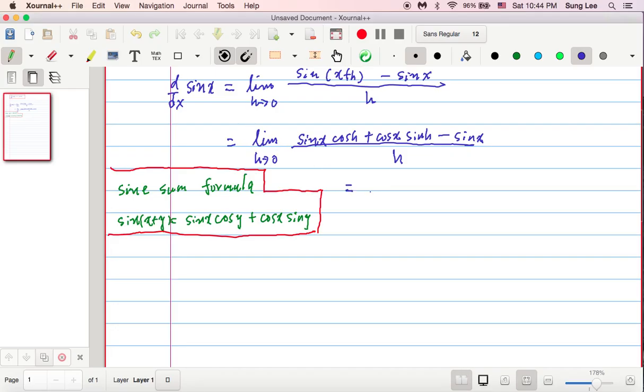Okay, so now limit as h goes to 0. These two terms have sine x in common, so we can actually factor sine x out.